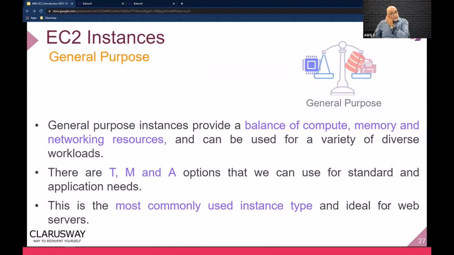Okay, general purpose, there's three types, T, M, and A, but I want to talk about T's and M's. T's are burstable. Burstable instances are instances where essentially your usage can burst over time. But if you use too much of the CPU, it's going to reduce the amount of CPU available to you.